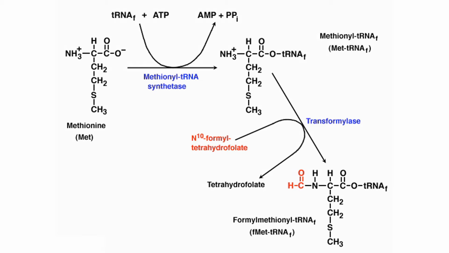In prokaryotic organisms, N-formyl methionine is generally the first amino acid at the N-terminus of the protein. And we're going to take a look at the mechanism behind converting methionine to N-f-Met and eventually a tRNA here.